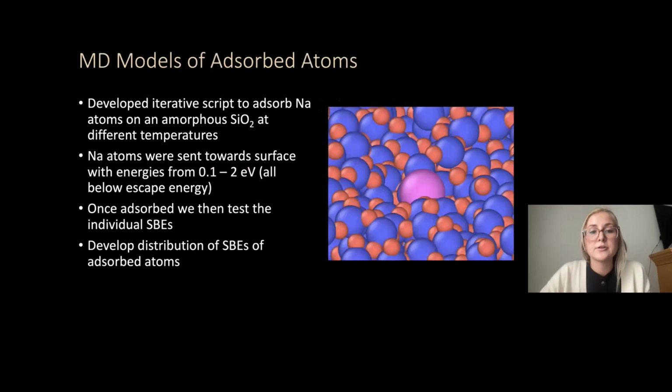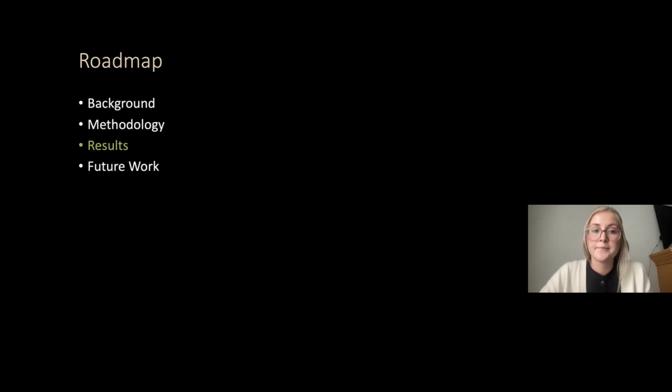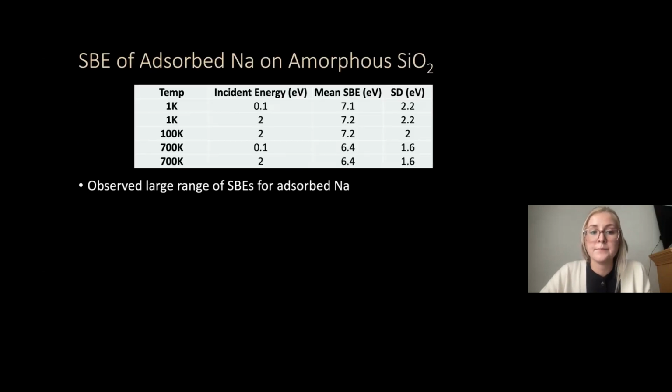So we developed an iterative script to first adsorb sodium atoms onto an amorphous SiO2 surface at different temperatures. Once the atoms were adsorbed, we then determined the individual SBE of the adsorbed atoms and developed a distribution of SBEs. Which brings me to our results.